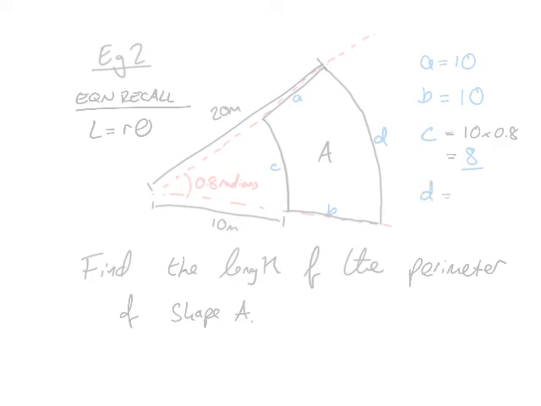And if we do the same for D, using the same angle, 0.8, but now the radius is much longer, it's 20 metres. If we do that, we get the number 16. So D is 16 metres. To answer the question, all we have to do is add up all of those numbers. And now it's a little bit easier because we have no decimals, everything's an integer. It's really straightforward. Okay, that's your answer.